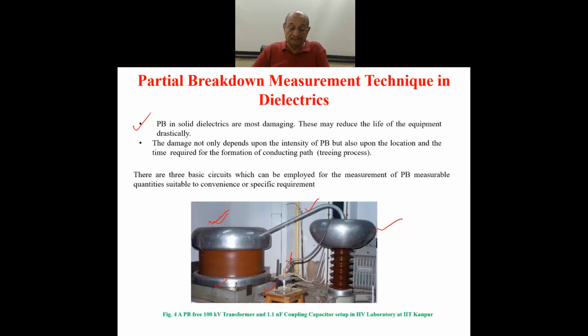So all connections should be free of any kind of partial breakdown up to the voltage at which you want to make the measurements. So this photograph shows a PB-free 100 kV transformer, a partial breakdown free 100 kV transformer, and 1.1 nanofarad.